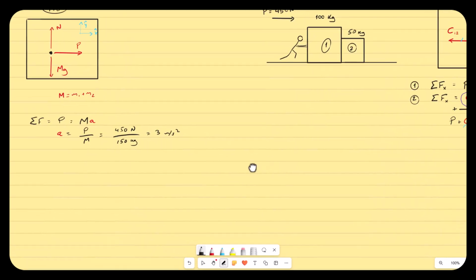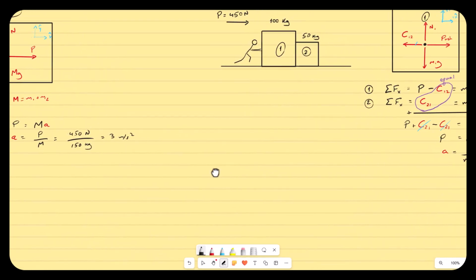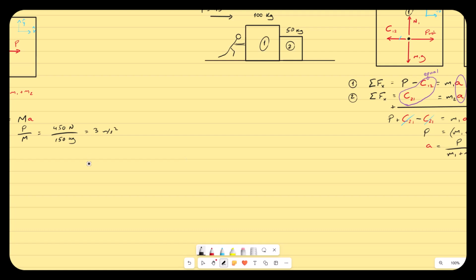I get the same acceleration, and if you look, I even get the same equation, right? I have right here, acceleration is push over mass total. It comes out the same way.